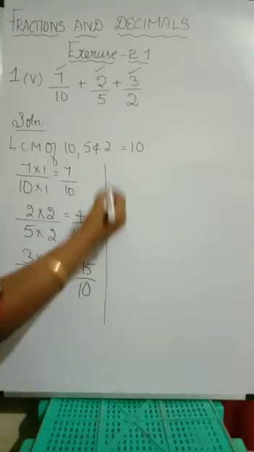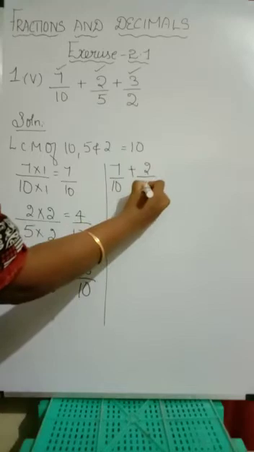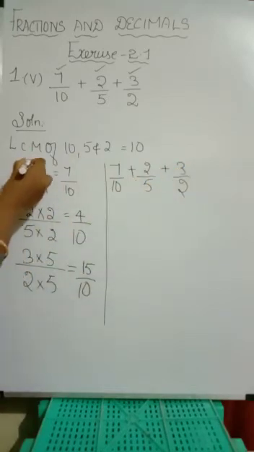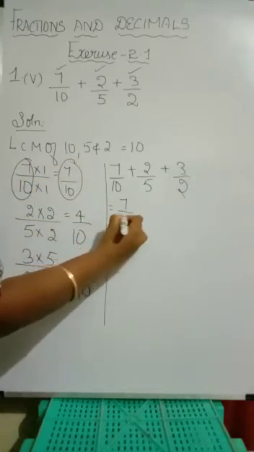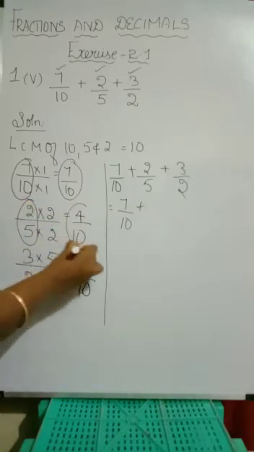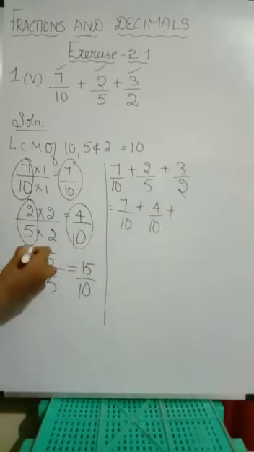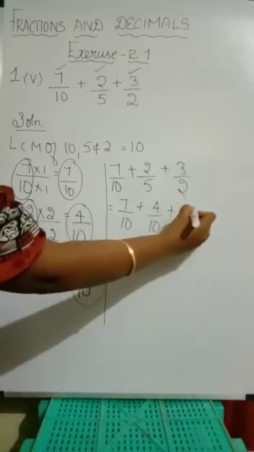Then the fractions are 7 by 10 plus 2 by 5 plus 3 by 2. For the fraction 7 by 10, it is 7 by 10. Plus for 2 by 5, the fraction is 4 by 10. Plus for 3 by 2, the fraction is 15 by 10.